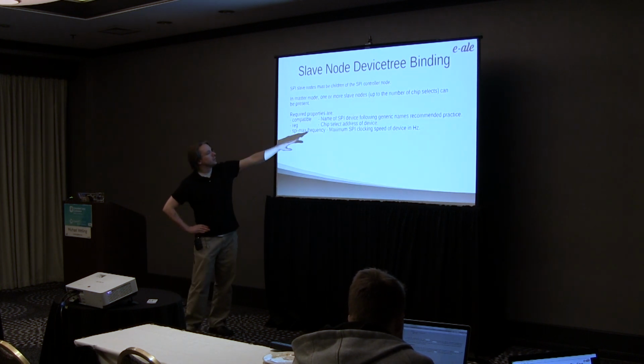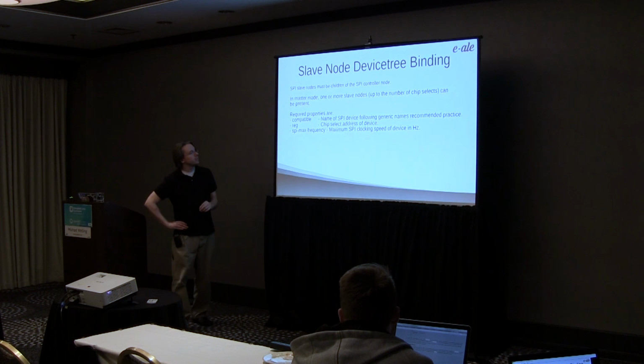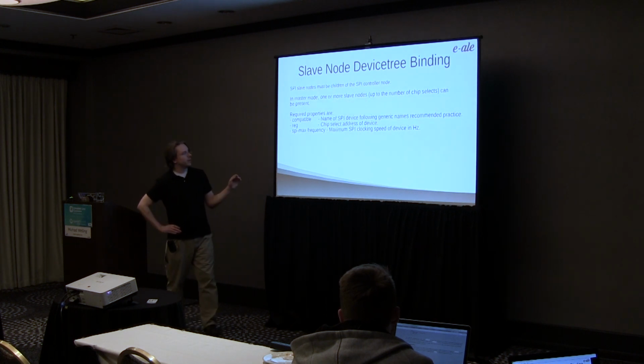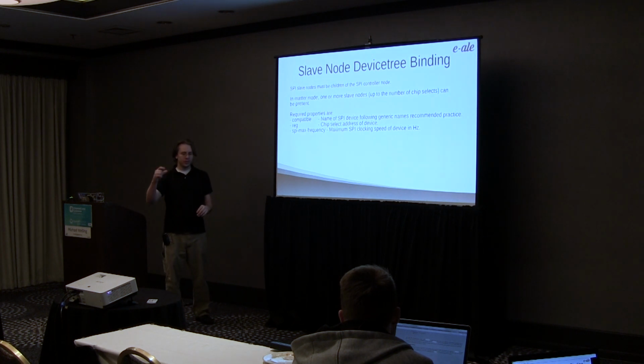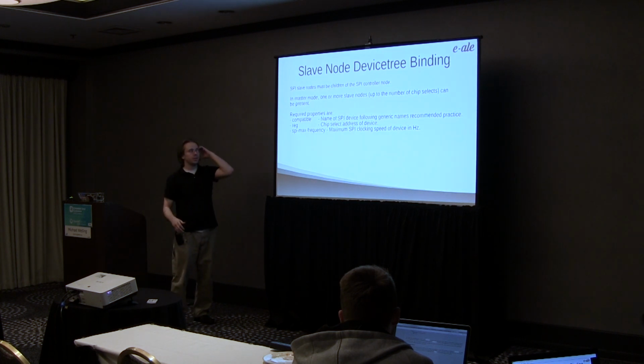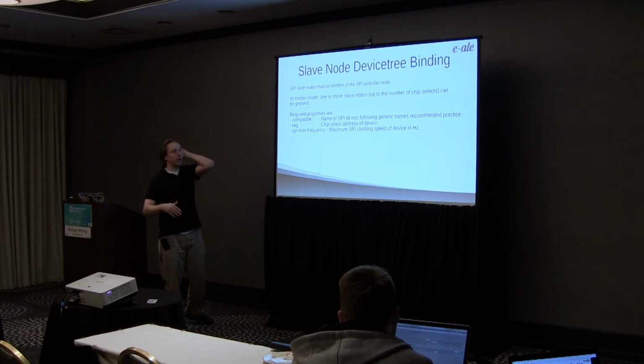And then you have a register, which tells you which chip select you're using. And then you have a SPI max frequency. That'll tell you, with this specific device, don't go any faster than this frequency or it won't work. There's usually no lower bound, but the upper bound is important.